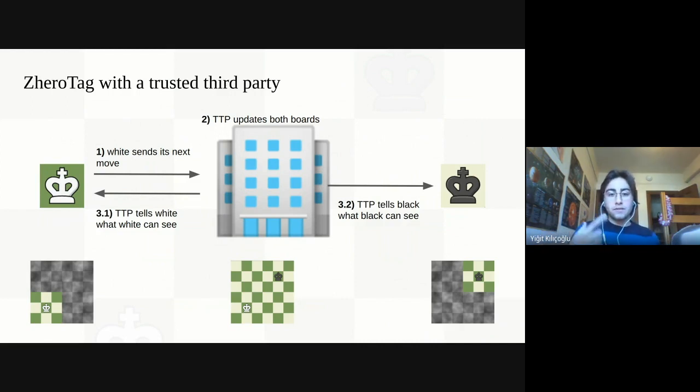And so it makes the regular calculations and sends both white and black where their pieces are and which squares they can see. And so after only 3 sort of communications, you can update both boards. It's very straightforward. But again, the catch is that you need to trust the third party.